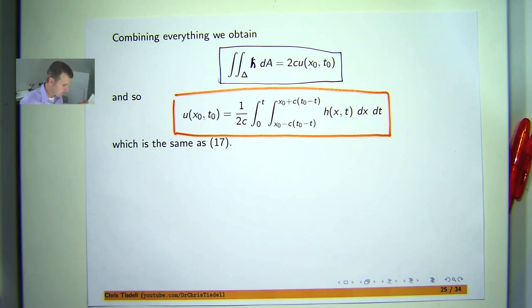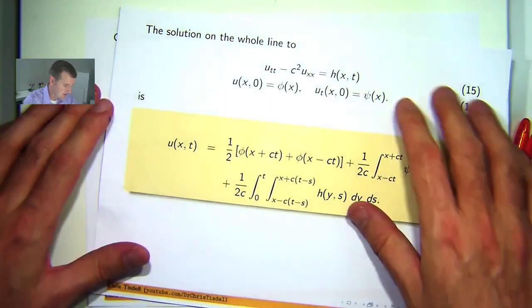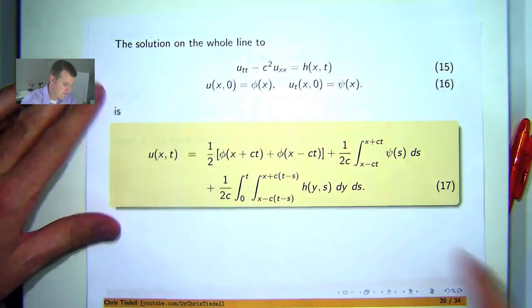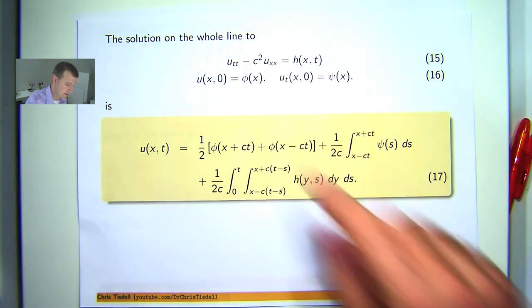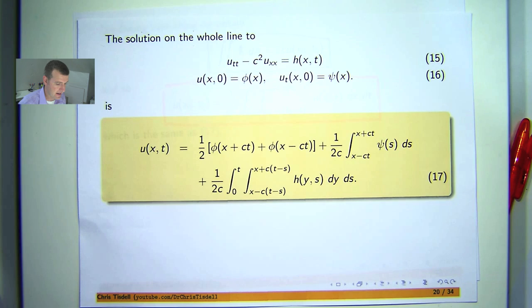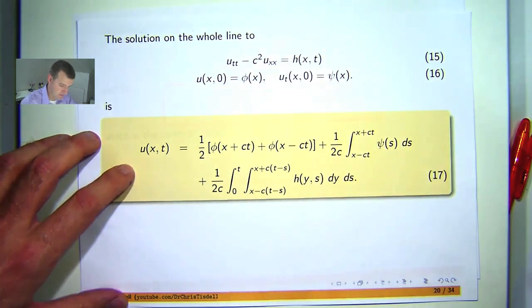Now, I told you at the start that I'd get back to this formula a bit more and try to interpret it. So what does it mean? Well, this is a linear PDE, and so if you have two solutions to a linear PDE and you add those two solutions, then the sum is another solution. So let me put that into context for this problem.